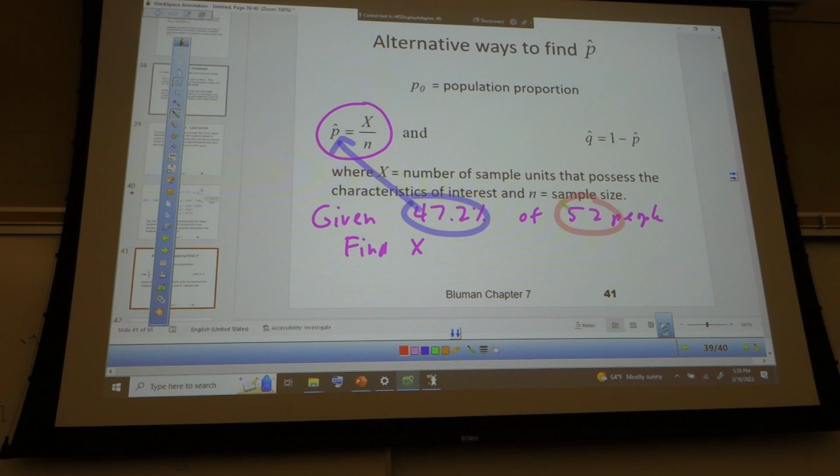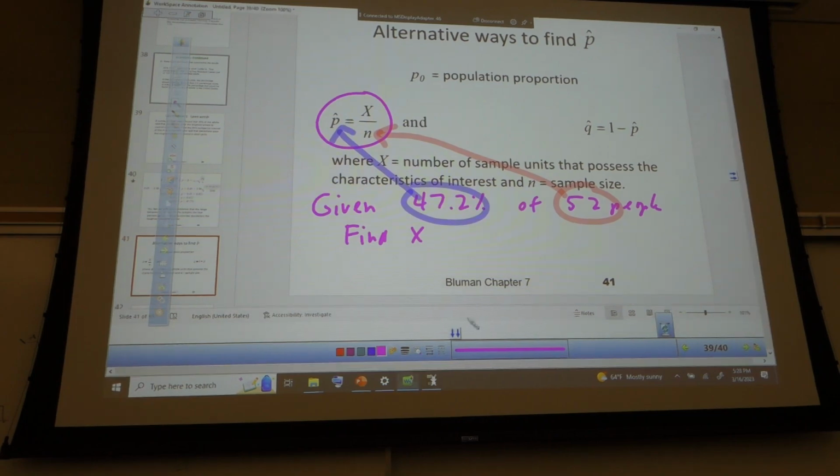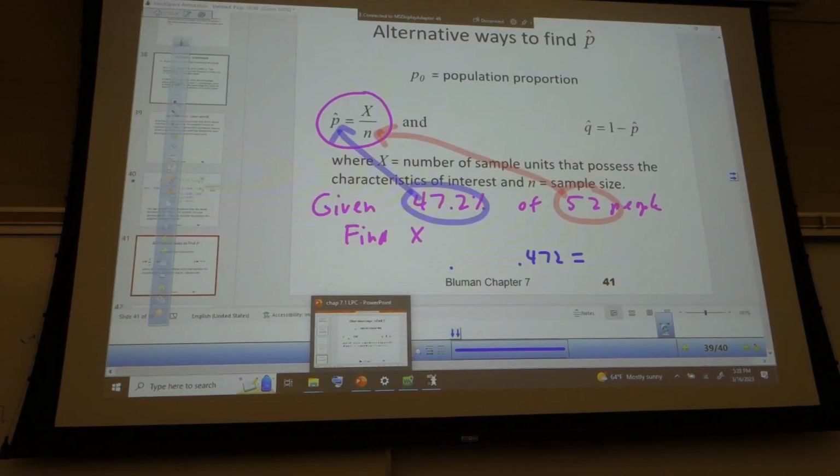This part goes there. And you have to figure out what x is. So here, I'd say, okay, 0.472 is equal to x over 52. How did I do that?